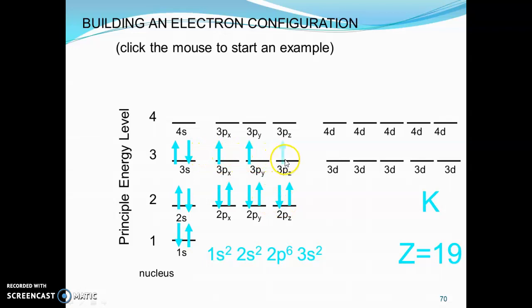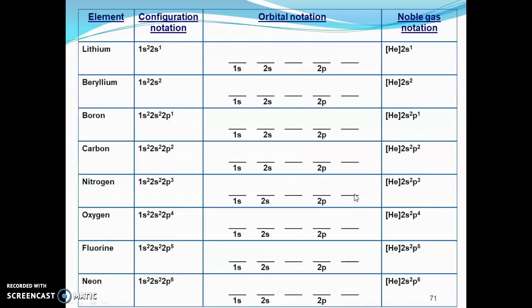And we'll repeat that up here on the 3p. And then notice that we follow the Aufbau rule, and we don't fill in 3d yet because you have to fill in 4s before you can fill in 3d according to Aufbau's rule. Right, so we're going across here. This is the orbital filling diagram, the orbital notation.